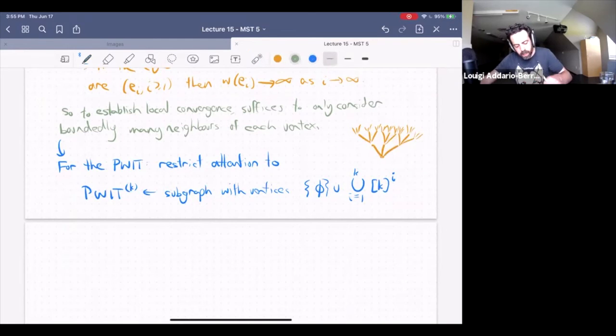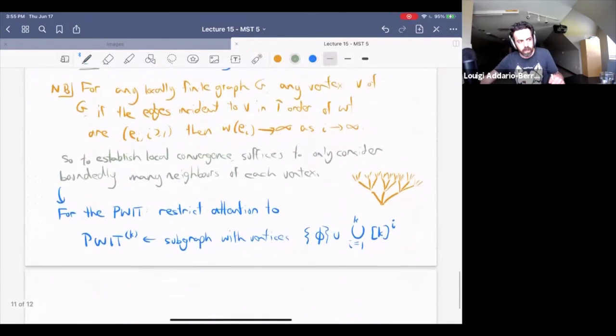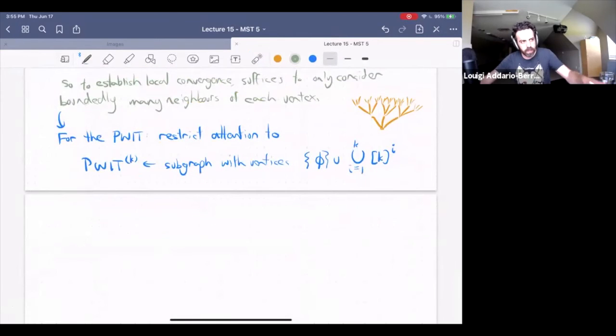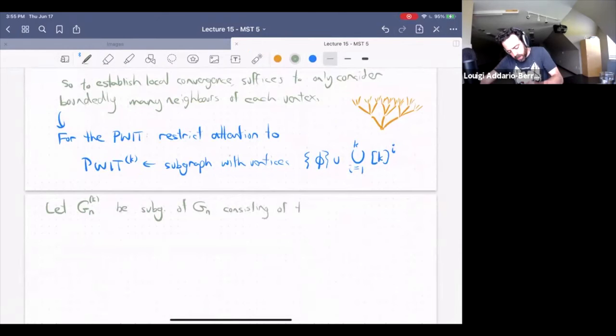And we could do the same thing in the randomly weighted complete graph up here, G_n. So let G_n^k be the subgraph of G_n that has the k smallest weight neighbors of each vertex out to distance k.